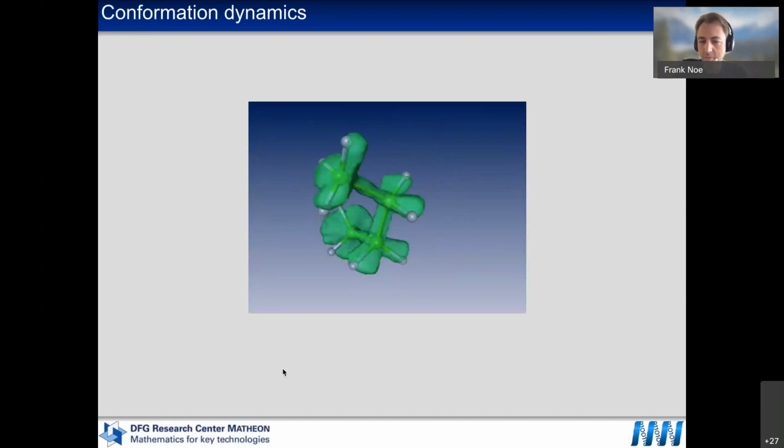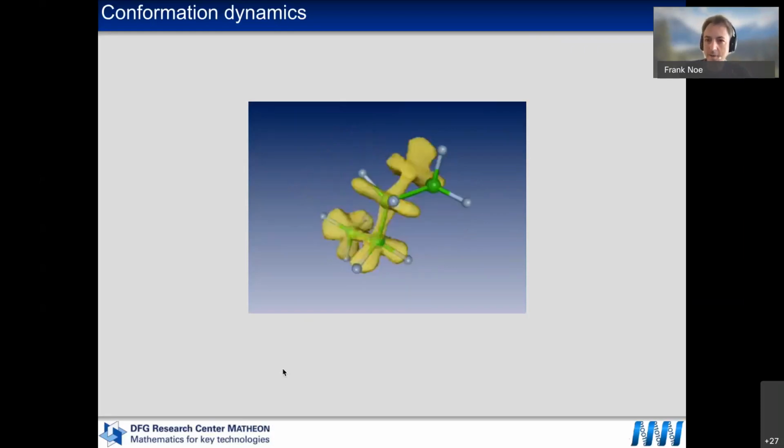So we're moving in a high-dimensional, 3N-dimensional state space that is continuous. And we somehow want to represent this with a very simple process, namely a Markov chain jumping between discrete states, and not too many discrete states, maybe 100, maybe even 1,000, but not millions or billions.